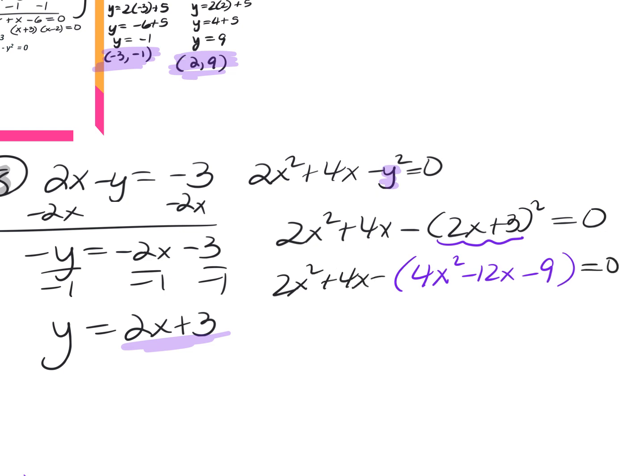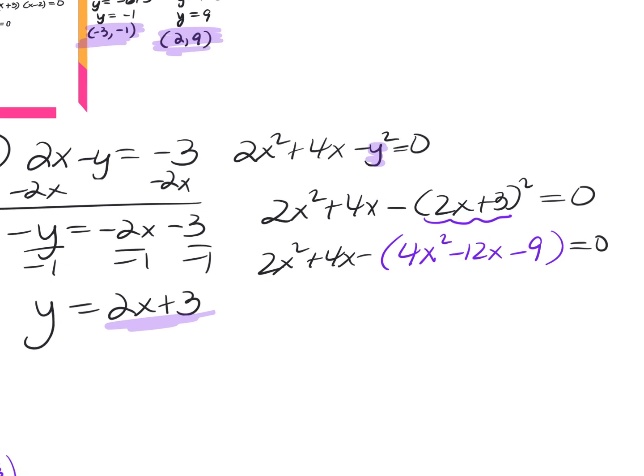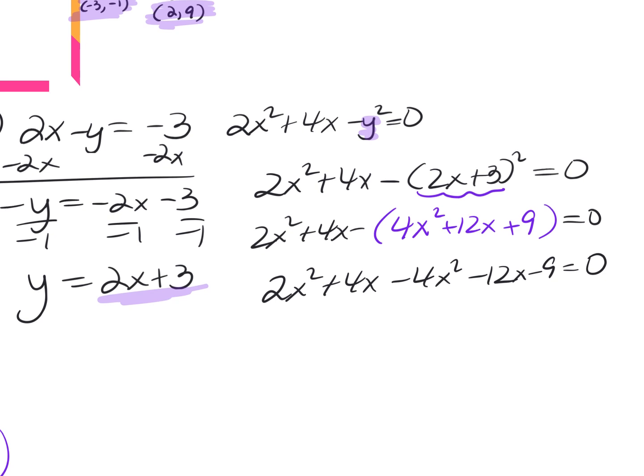Next, I have to distribute the subtraction sign. Actually, these are all plus signs. Now I'll distribute the subtraction sign. So 2x squared plus 4x minus 4x squared minus 12x minus 9 equals 0.